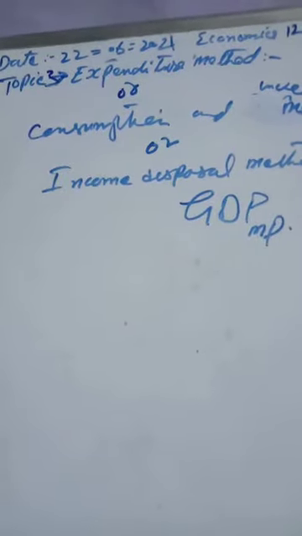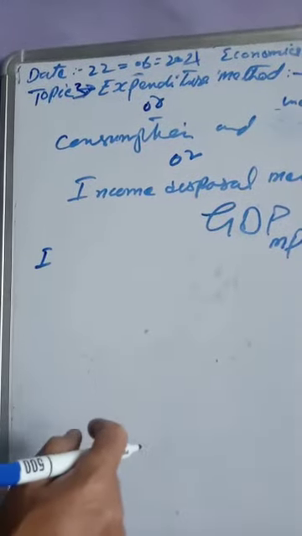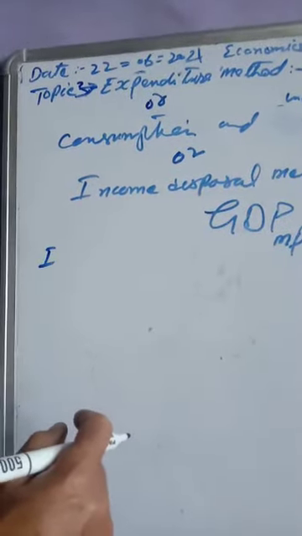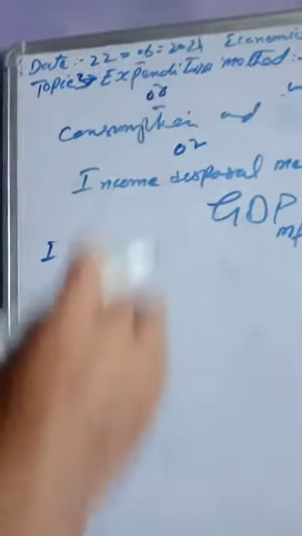Number 1, private final consumption expenditure. How can we measure national income with the help of this tool, that is the expenditure method?